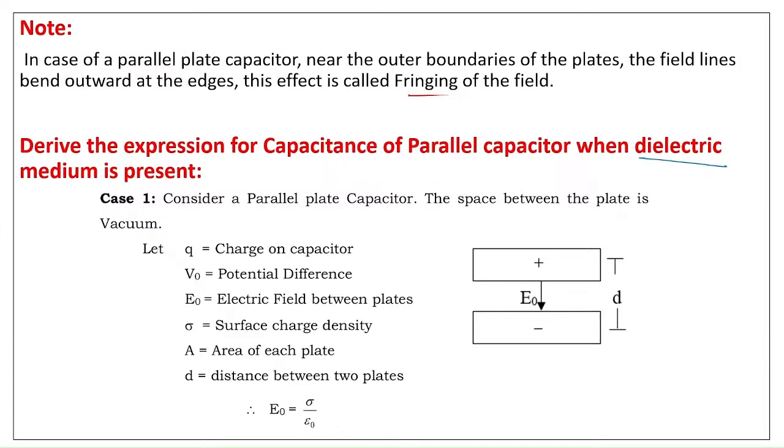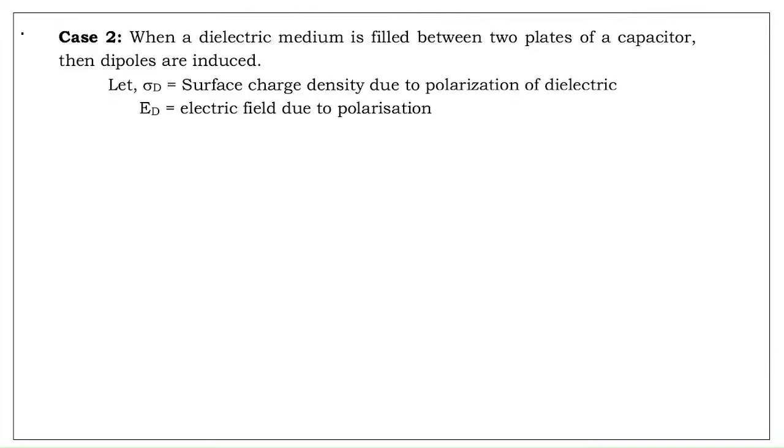Let Q be the charge on the capacitor, V0 the potential difference, E0 the electric field between the plates, sigma the surface charge density, A the area of each plate, and d the distance between the two plates. Therefore, E0 is equal to sigma by epsilon naught.